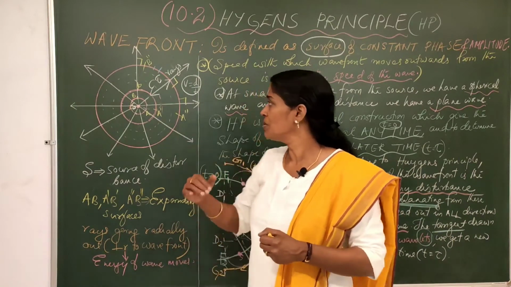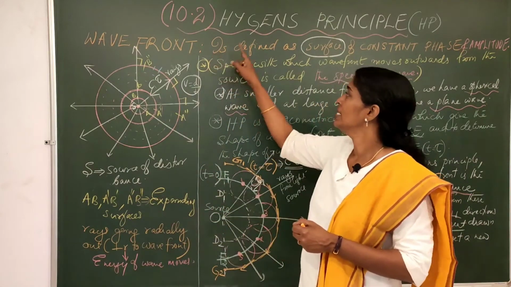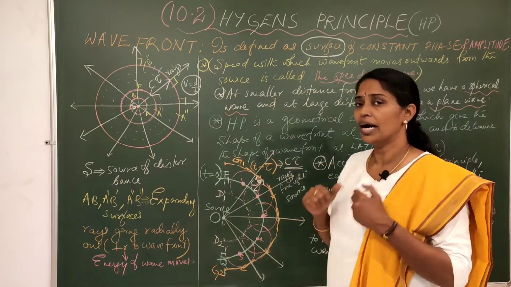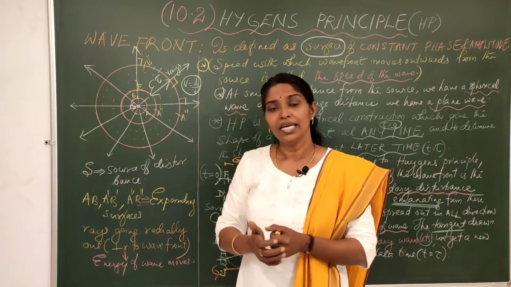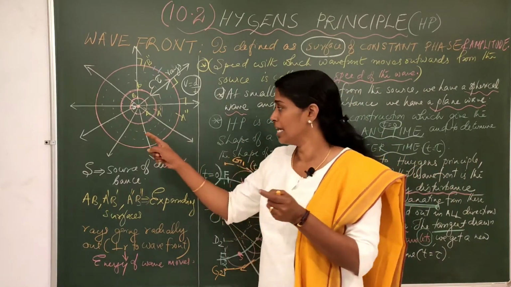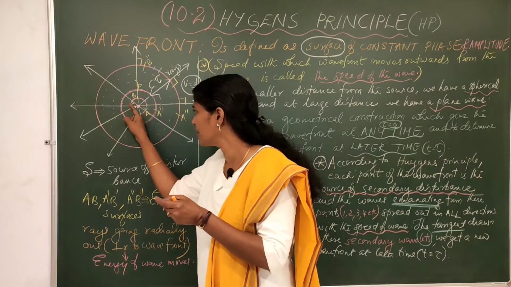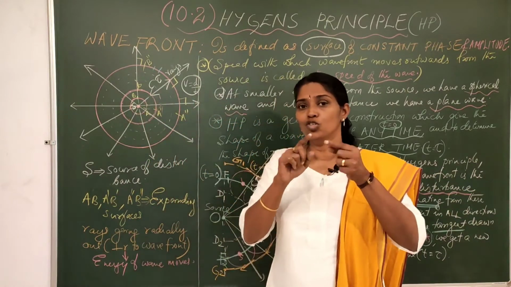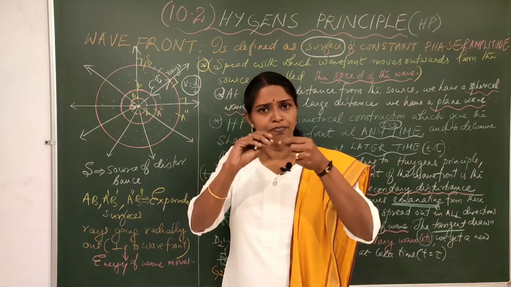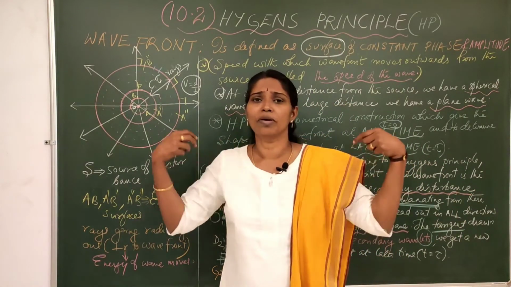Okay. So what is a wavefront? Surface of constant phase and amplitude. How do you get the surface? It is a set of points. A lot of points put together. 2 pi r length means too many points just beaded together to make a chain.